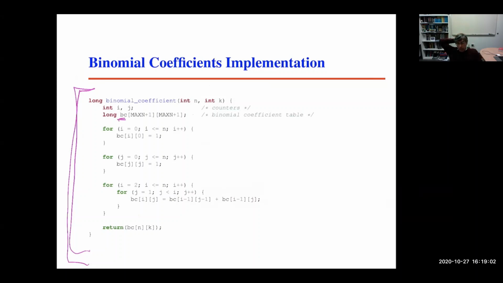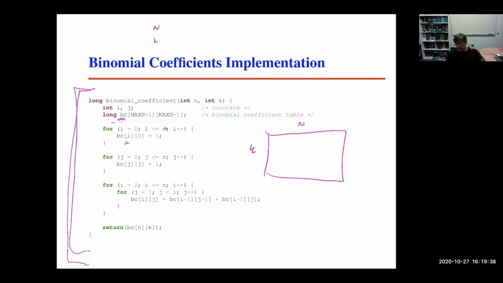We're going to build a table BC, which stands for binomial coefficient, where the top thing, if it's going to be n choose k, there is an n dimension and a k dimension. And we're going to start out by saying, for all i up to n, i choose 0 is going to be 1.